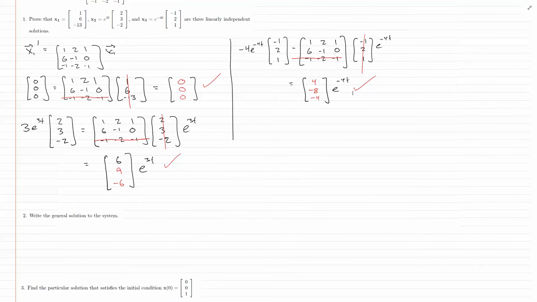Once we have 3 solutions, and they are linearly independent, which I'm not going to prove, you can write down the general solution. The general solution is just going to be a linear combination of those.